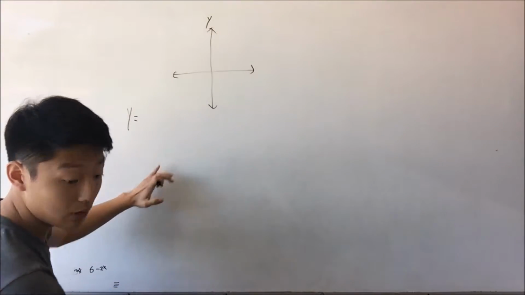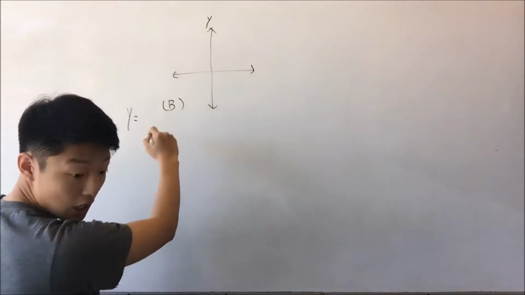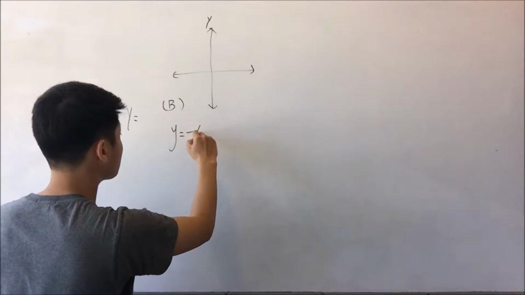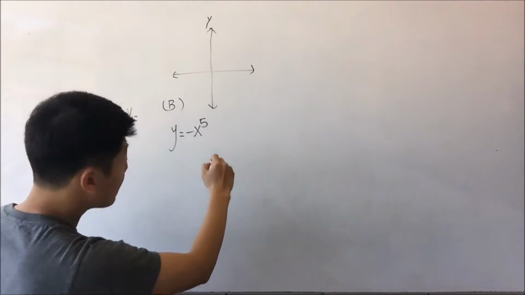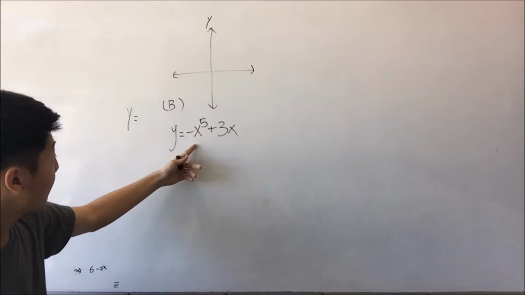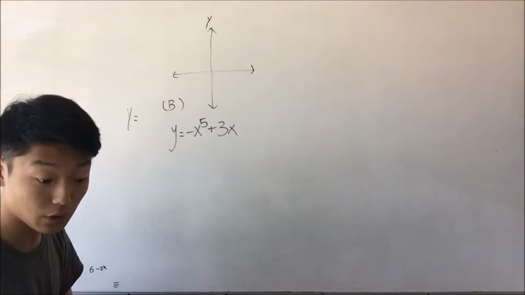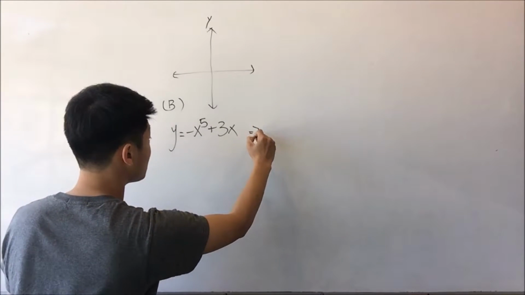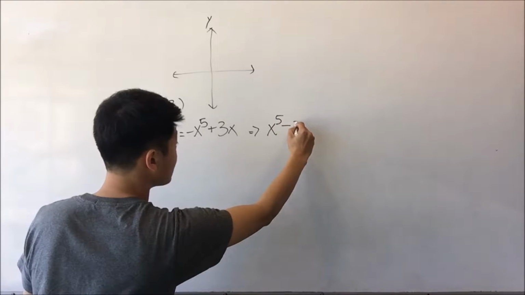So for example, let's look at option B. Option B is y equals negative x to the 5th plus 3x. If you want the graph to be symmetric with respect to the origin, you want this to change to x to the 5th minus 3x.